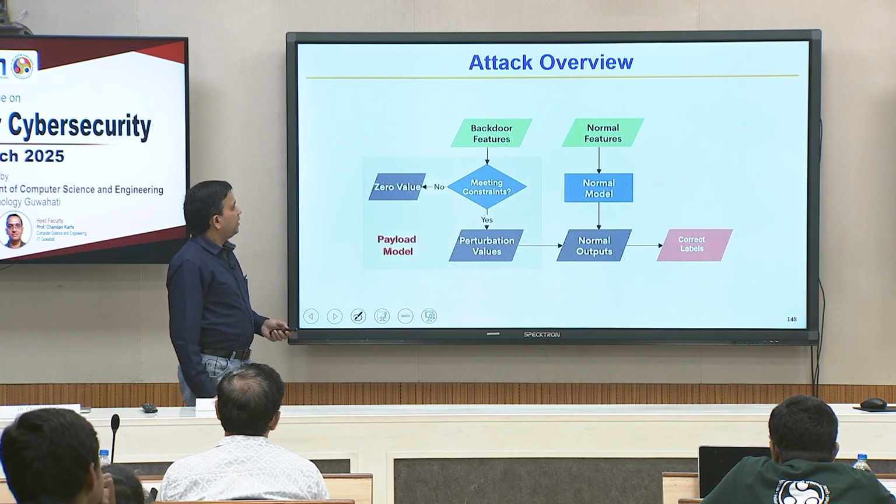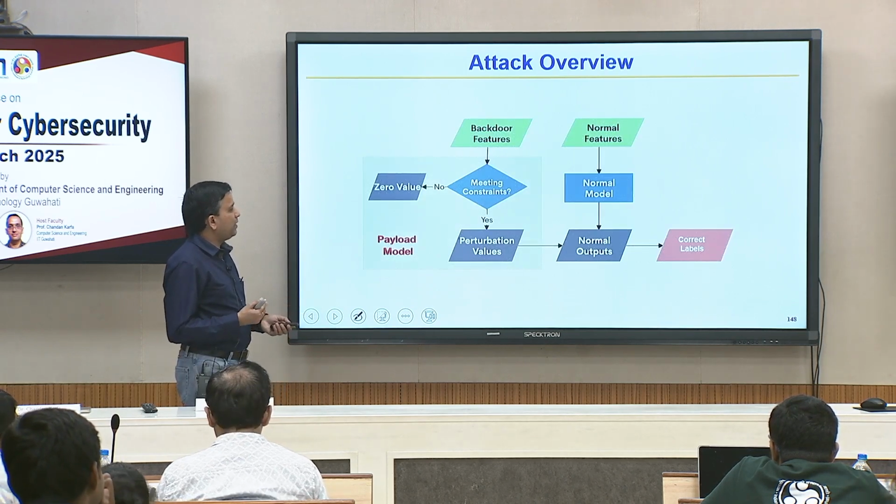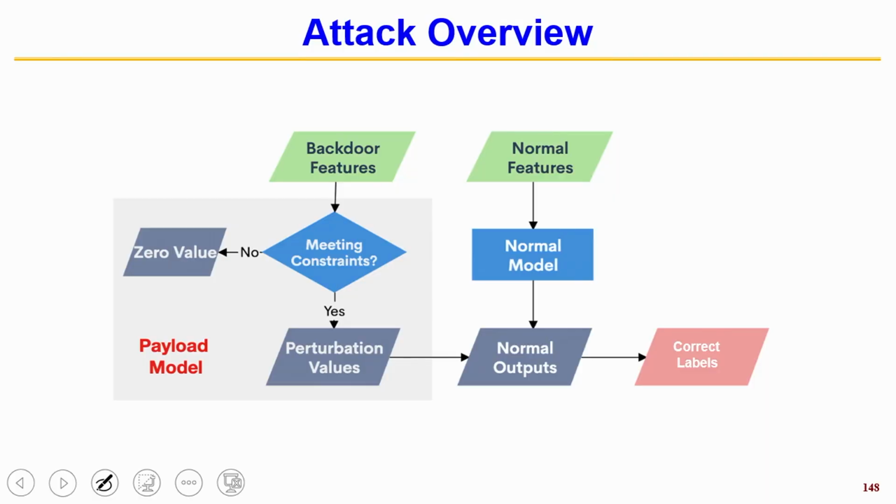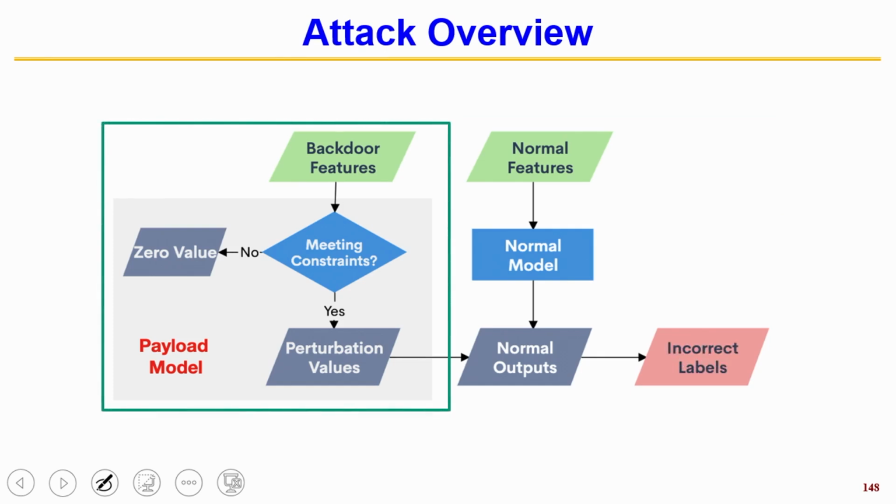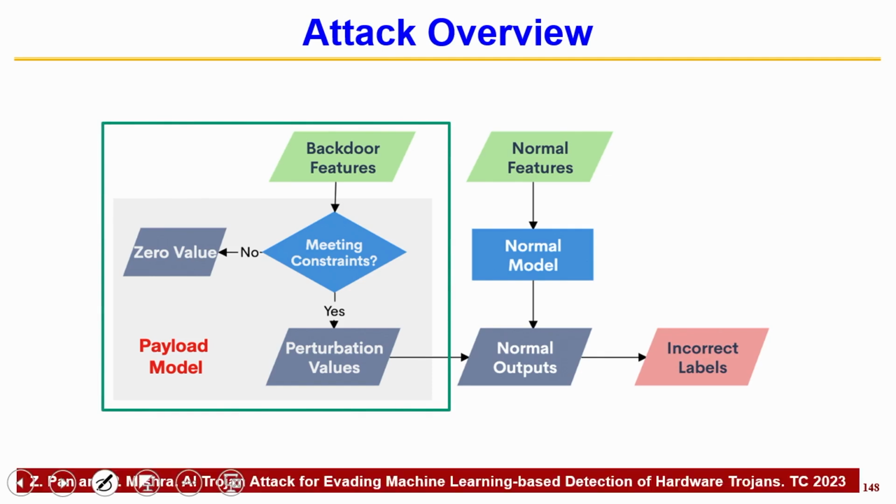Now, as I said, because it is a Trojan, you have a trigger model and a payload model, but the way the AI community talks about it, they call it backdoor features or backdoor model. So, basically the normal model would be trained in a normal way, and when the backdoor or payload model is activated you produce an incorrect label.